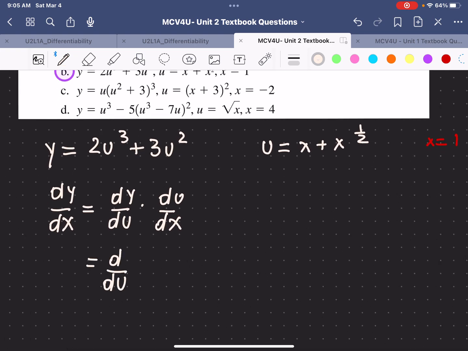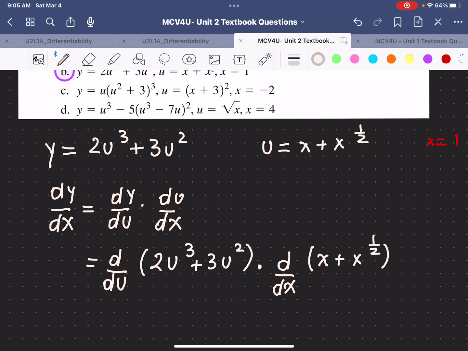So d/du, or the derivative in terms of u of function y, is the derivative in terms of u of 2u cubed plus 3u squared, multiplied by the derivative of u in terms of x, which is d/dx of x plus x to the power of 1 over 2.